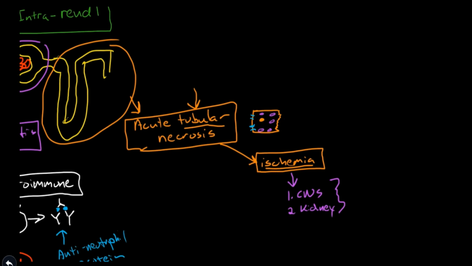You can see here inside the cell I drew a bunch of little purple mitochondria. Remember, these cells are packed with mitochondria. They are constantly making a lot of ATP to run the sodium-potassium pumps and other ion pumps within the cells. So they're very, very hypermetabolic.